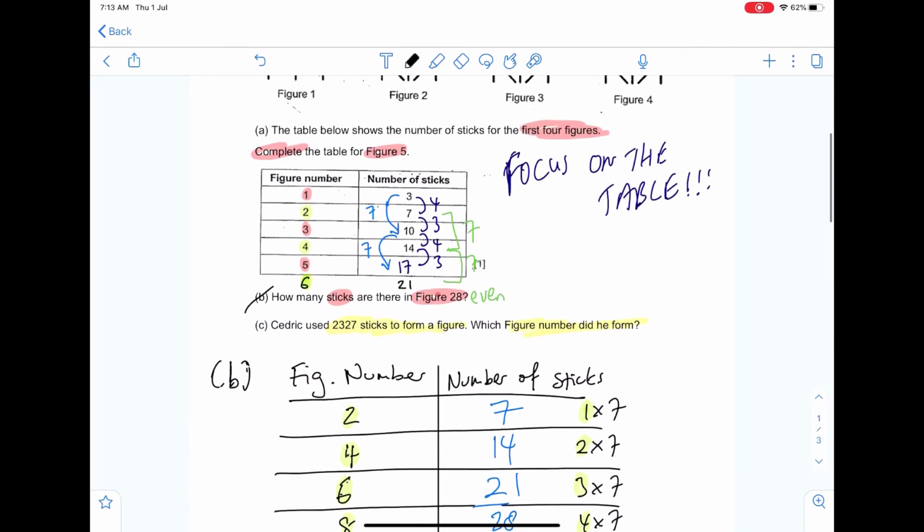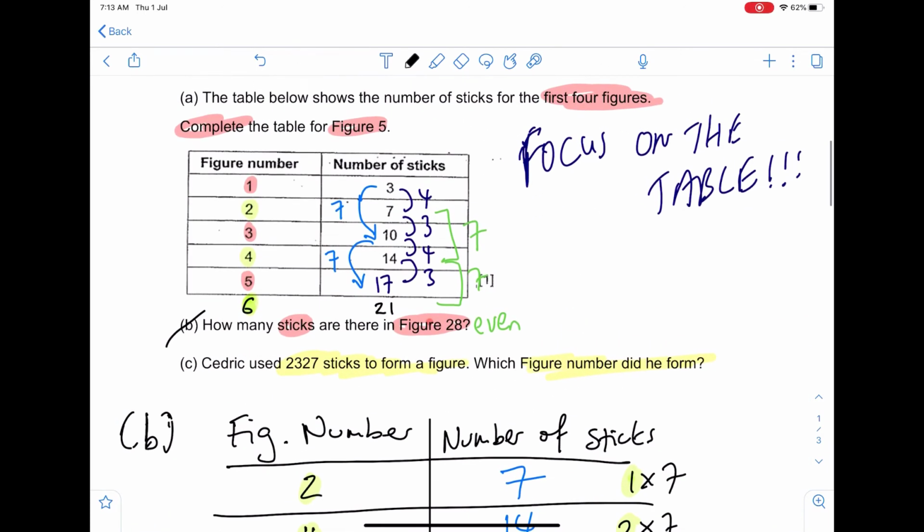take note of the odd and even figure number relationships. If you notice for the odd figures, over here we got 17.